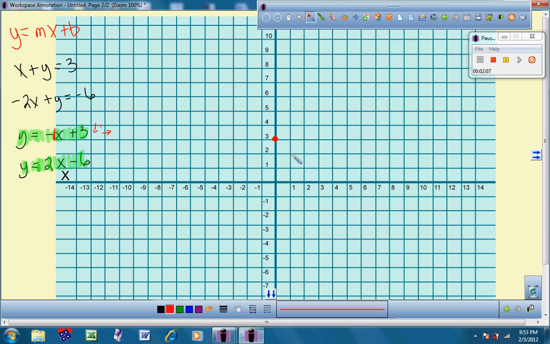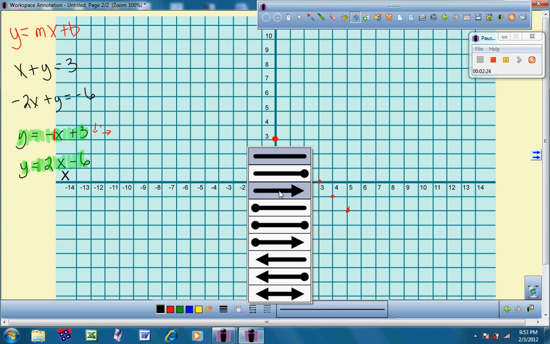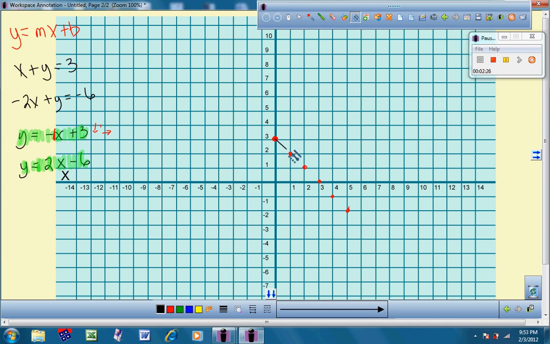We're going to go down 1, right 1, and we're going to do this several times until we get enough points where we can draw a nice line. So let's go ahead and draw a line. Start here first, just so I can easily connect, and I'll extend it in this direction. Alright, so there is your first equation.